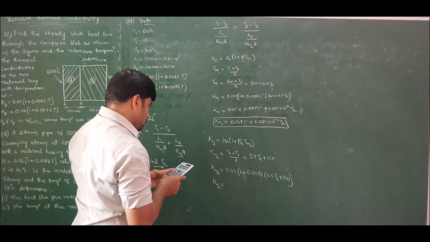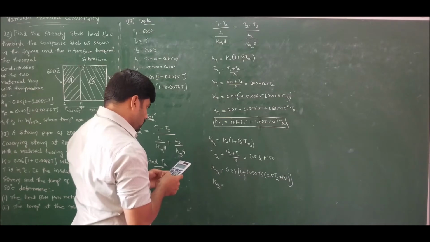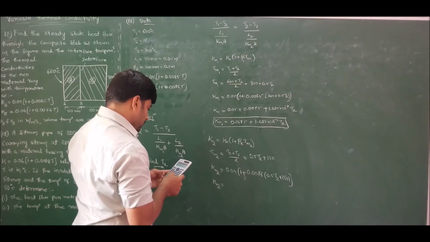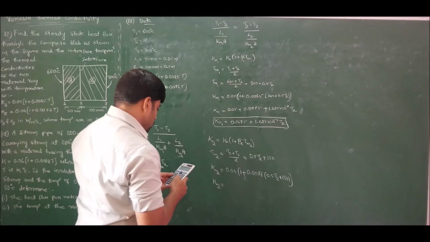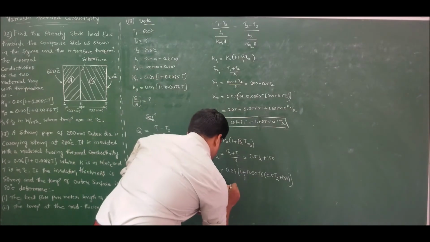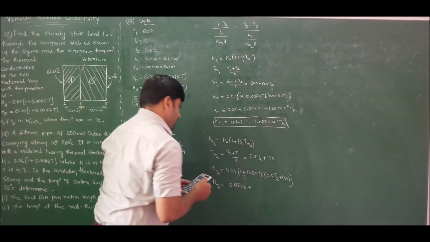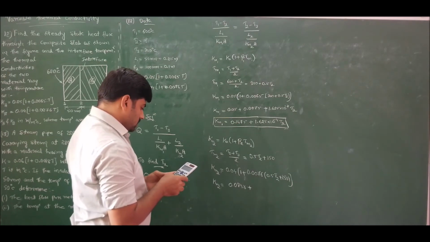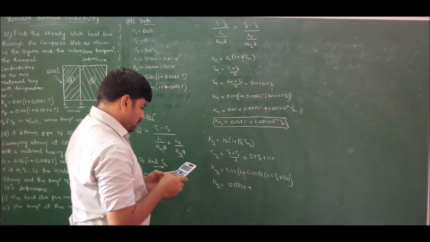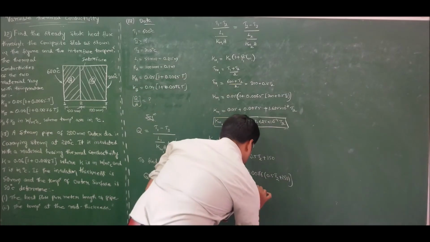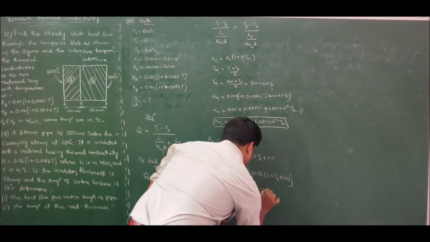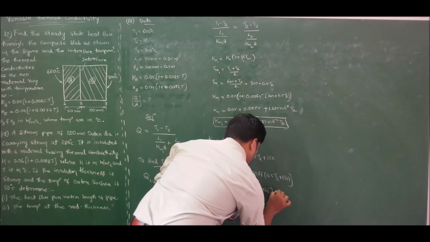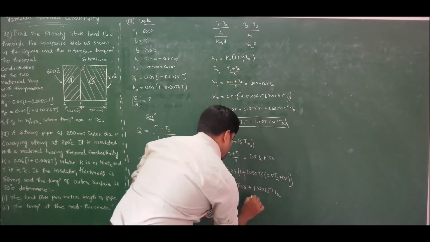Hence K mean 2 will be 0.04 plus 0.0076 into 0.04 into 150, which is 0.0856, plus 0.04 into 0.0076 into 0.5, that is 1.52 into 10 to the power of minus 4 T2.